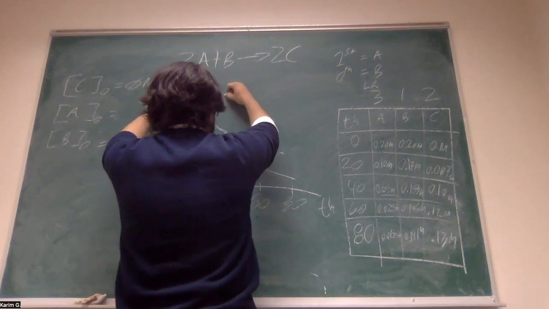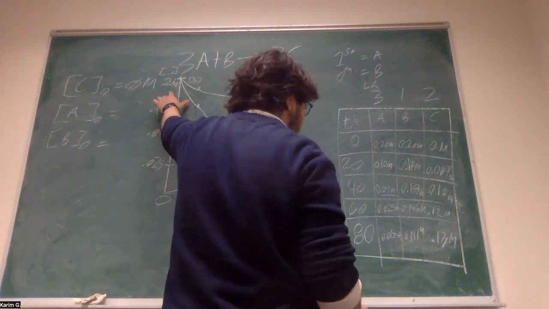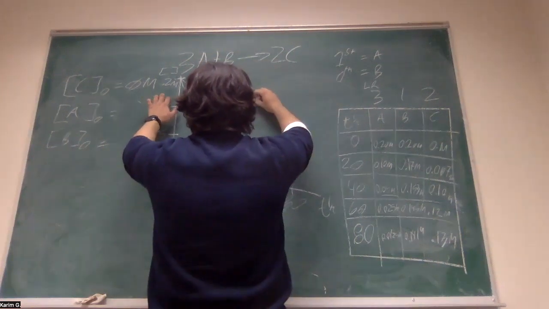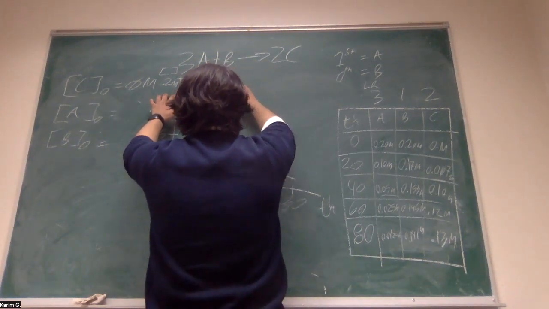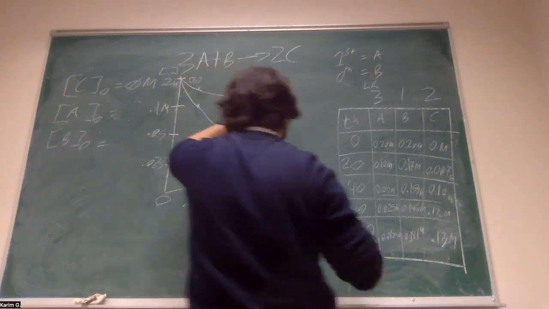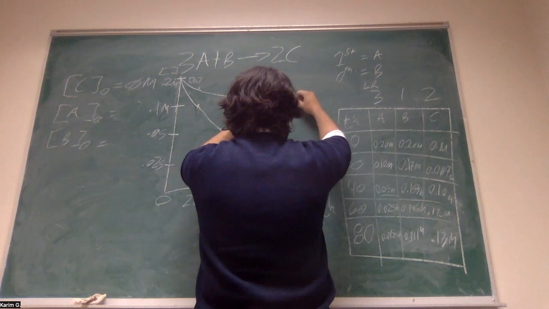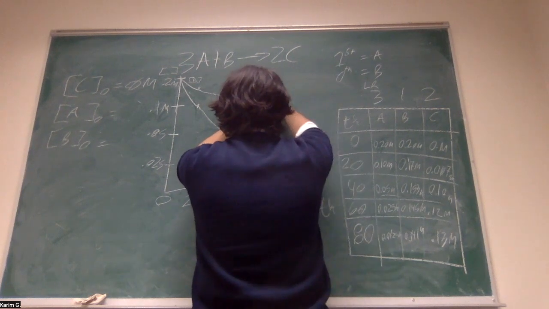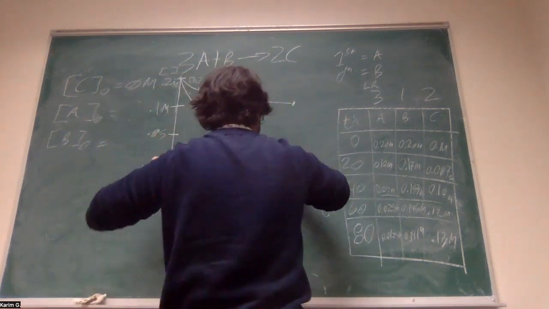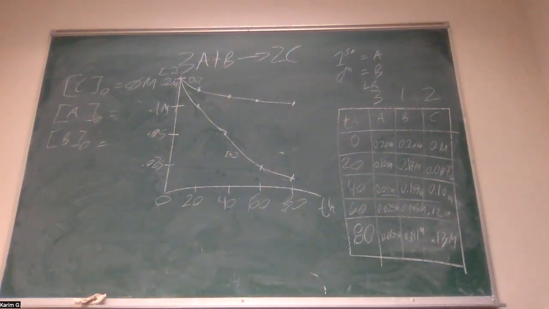So I'm gonna do half of this, more or less. And then a little bit under that at 60. So it's a pretty slow reaction. Look at my points. Cool. And then 80, we got around the same amount. So I'll just drop it a little bit. Yes, something like that, something similar.